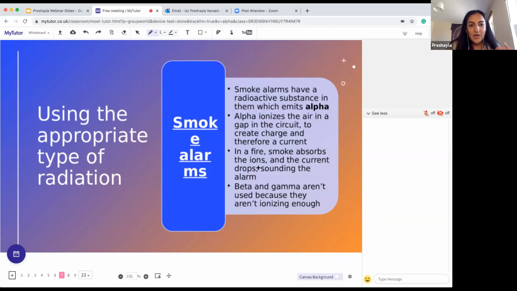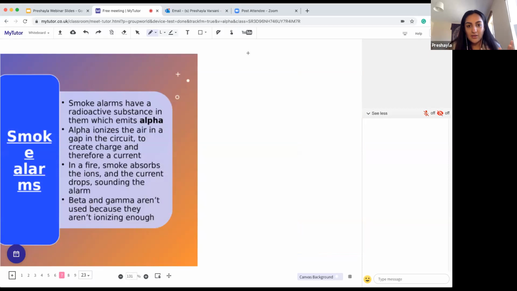Okay, so let's draw a little diagram to help us really understand that. So there's a gap in a circuit, and there's lots of little atoms in our gap.